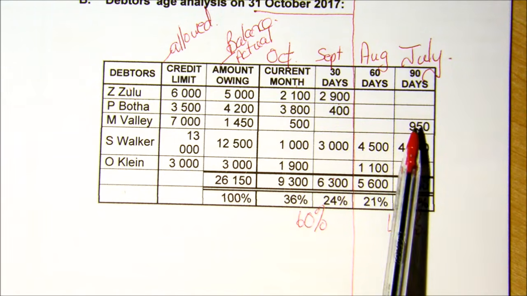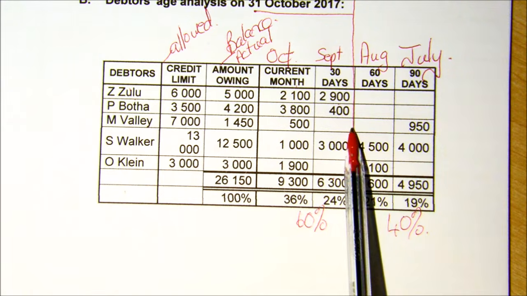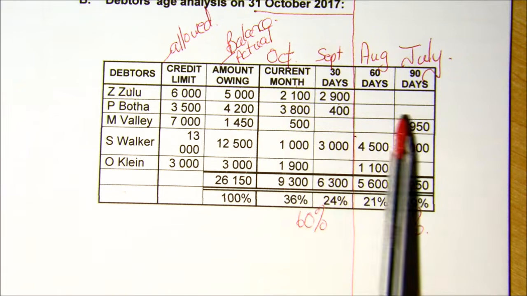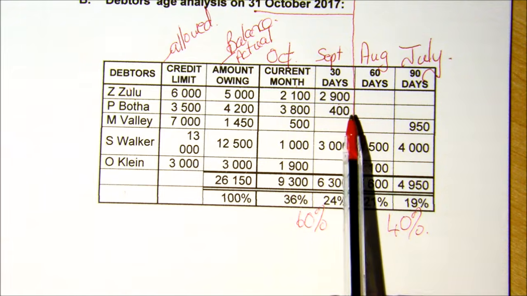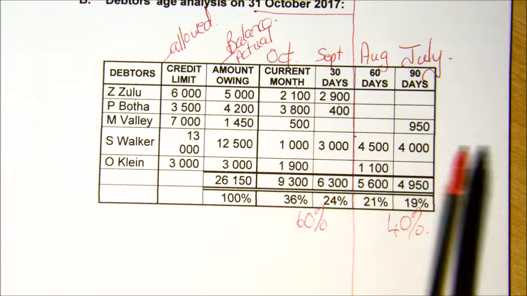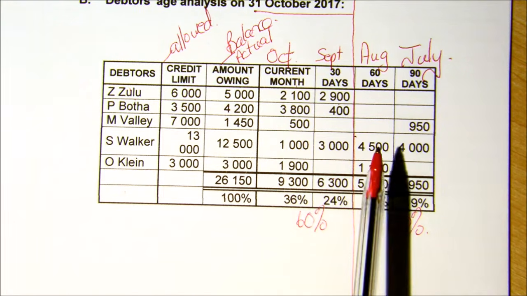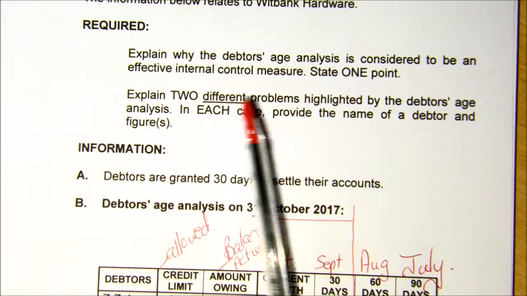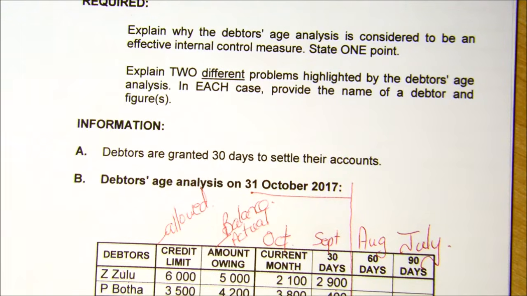And then a third problem is that in the case of these three debtors here, despite their accounts being overdue, they have sold to them. And the accounts should have been blocked as soon as the account became overdue, and he should not be allowed to actually buy again until such time as the account is settled. So there are three problems here. The question only asks for two different. Obviously, you can use any one of those problems.